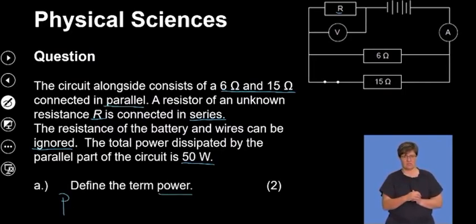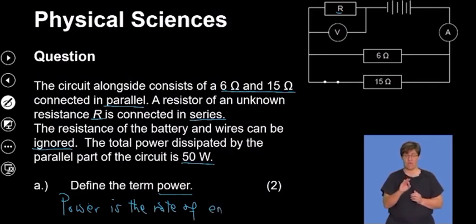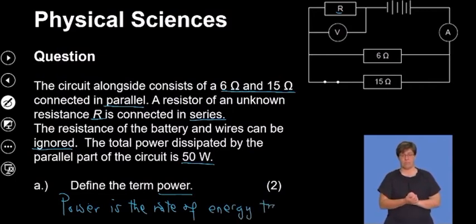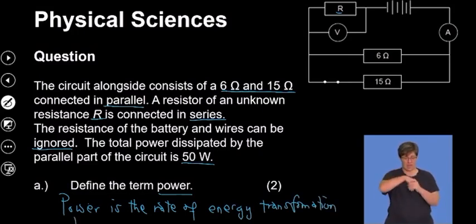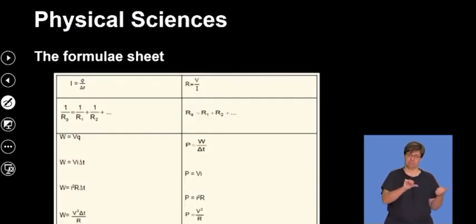Power is actually the rate of energy transfer, energy conversion, or energy transformation in a circuit, okay, right. So even if we go back to our data sheet, you'd realize that this is the power definition that we talk about.